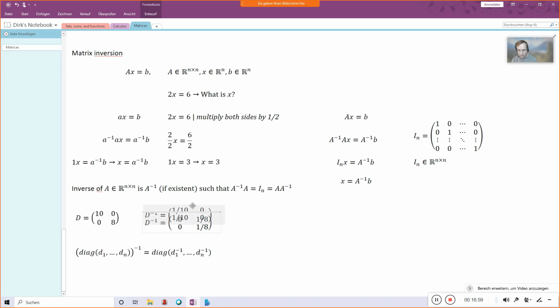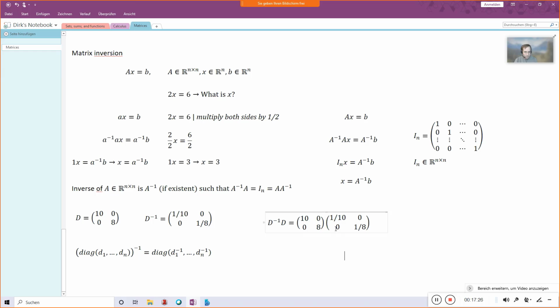And that this is actually the inverse we can check by forming the matrix product. So if we do D^-1 times D, we get 1/10, 0, 0, 1/8 times 10, 0, 0, 8. And now we need to form the matrix product, and we get 10 times 1/10, that's 1.